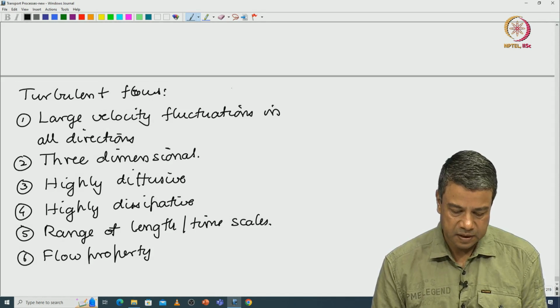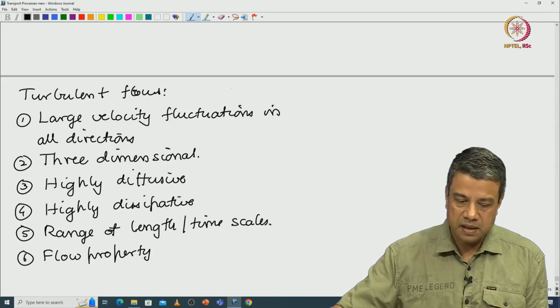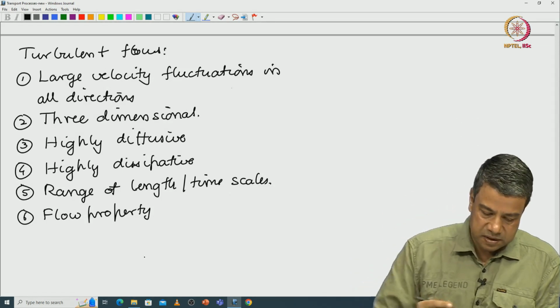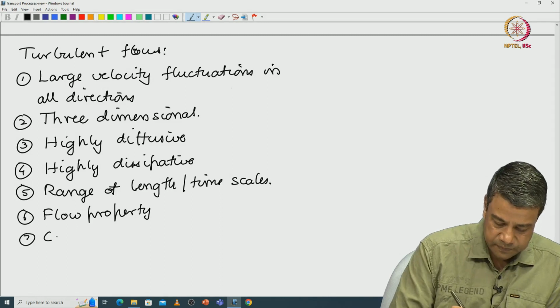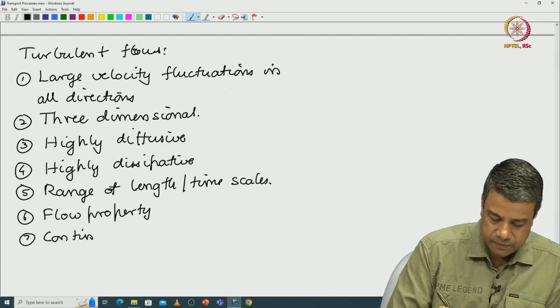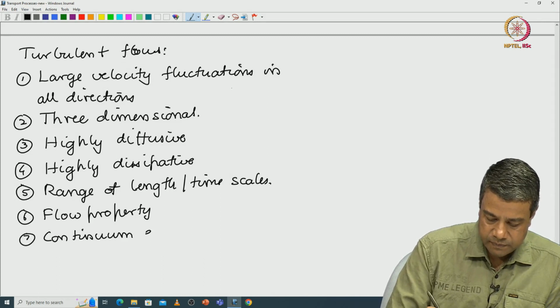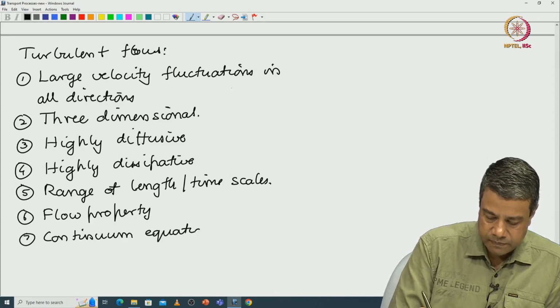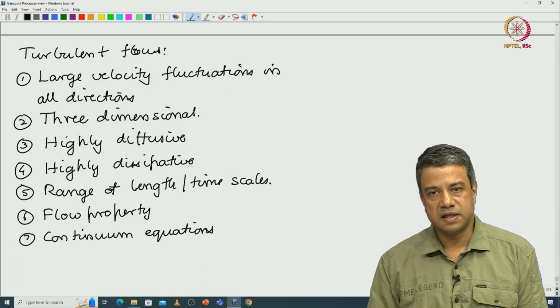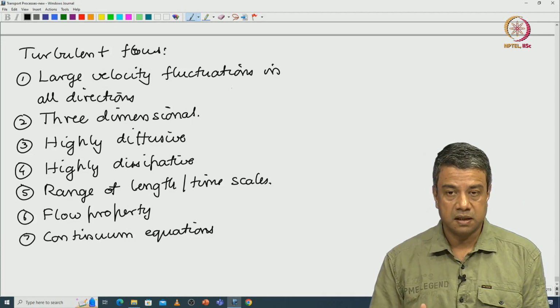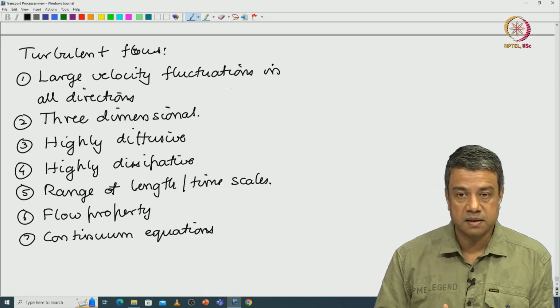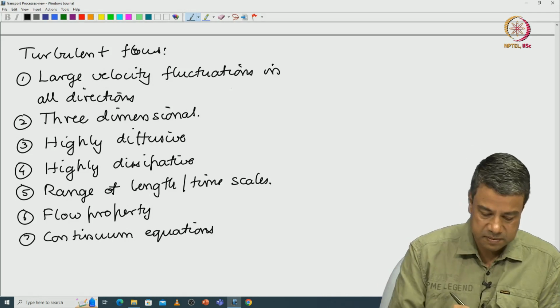And it can be described by continuum equations. Since the smallest scales are still much larger than the molecular scales, these can be described by continuum equations themselves.